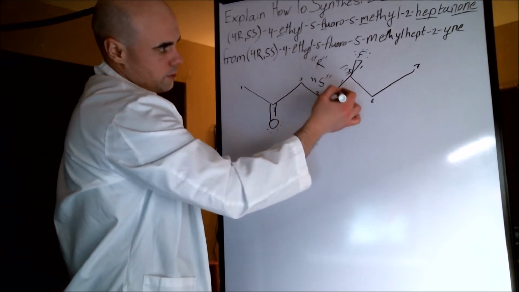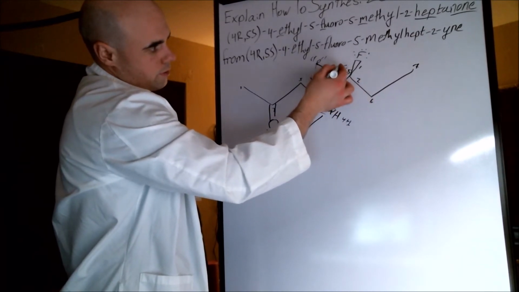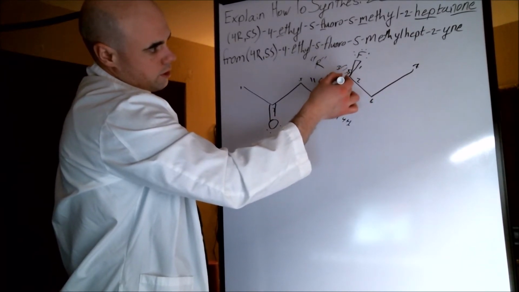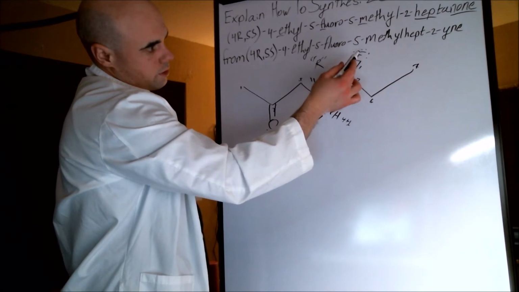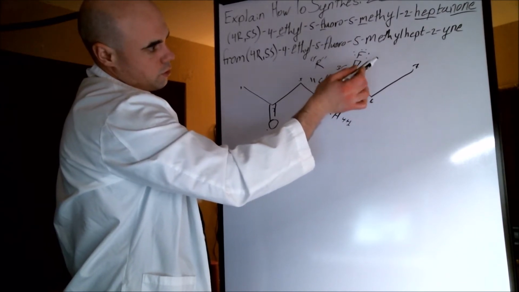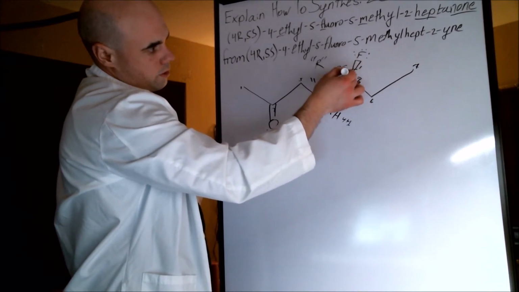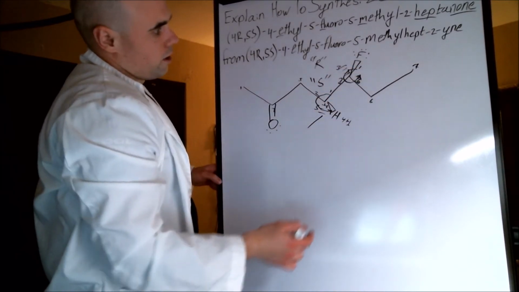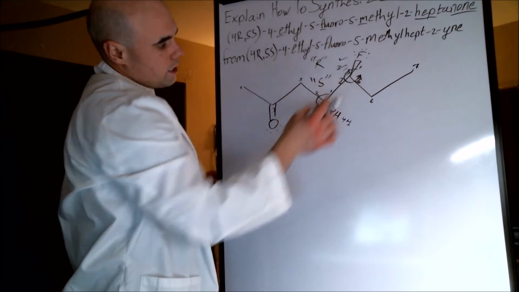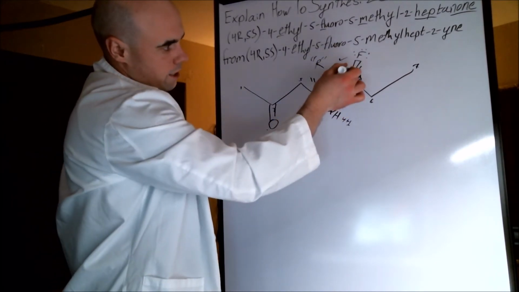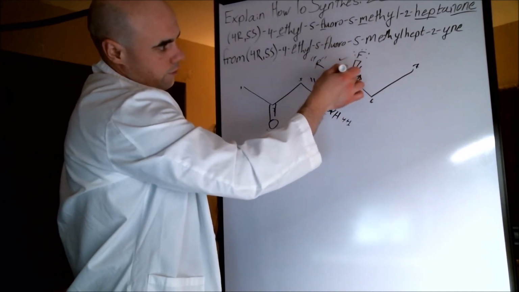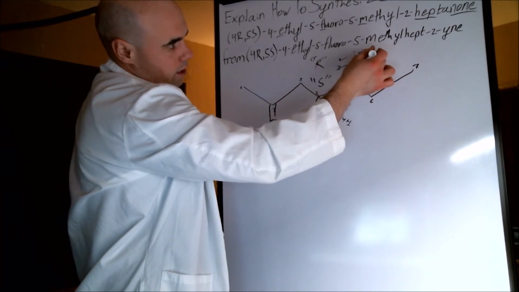So this is going to be the second priority and this is going to be the third, and it's going to go in this direction here, boom. Our lowest priority is in the back, so we don't need to flip it. It is going to the left, so that is again S.